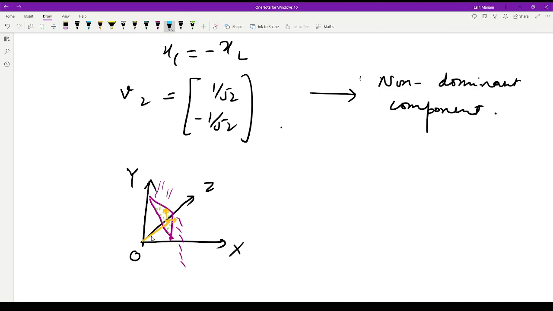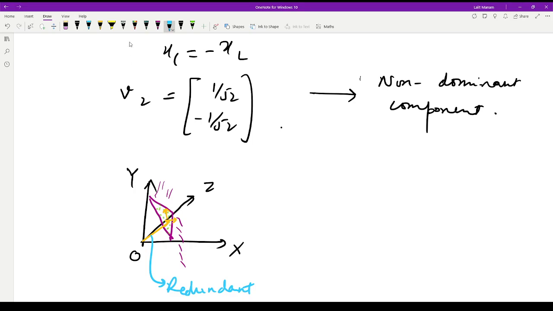So this specific component is redundant. So we are unnecessarily adding this specific component because we want to represent the data in a lower dimension space. So what if we just reduce this component to zero?